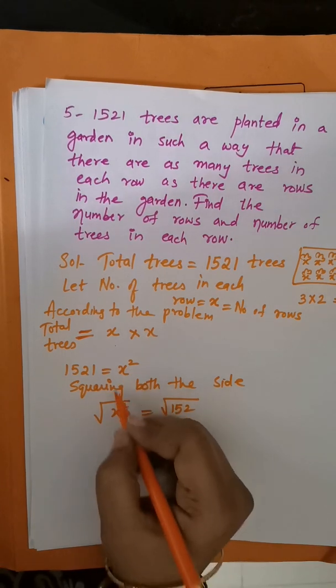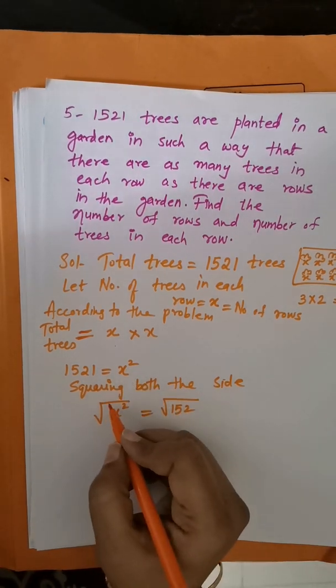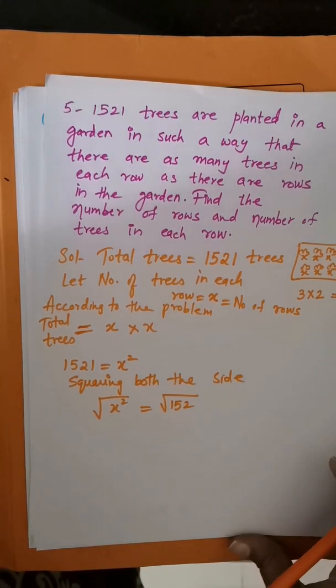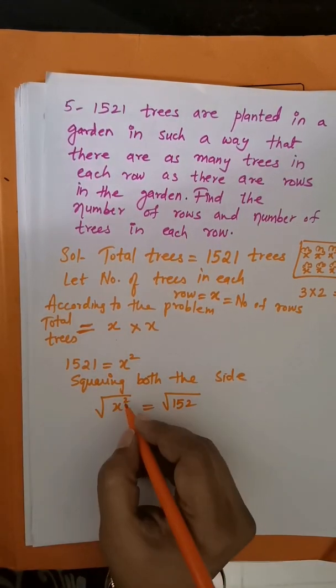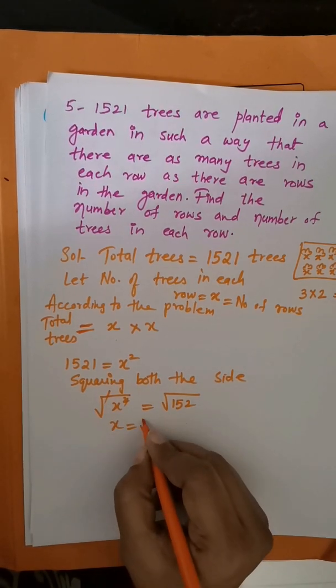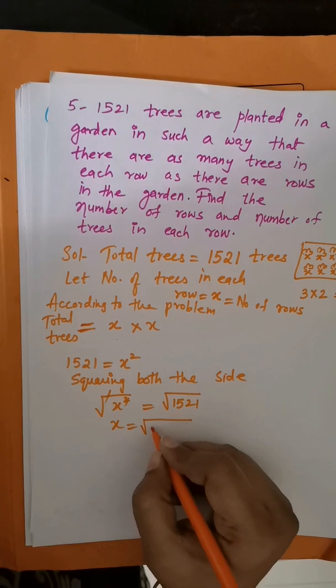To cancel the square, we take the square root of both sides. So the square gets cancelled, and x is equal to root of 1521.